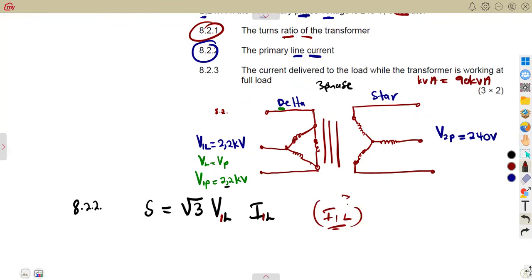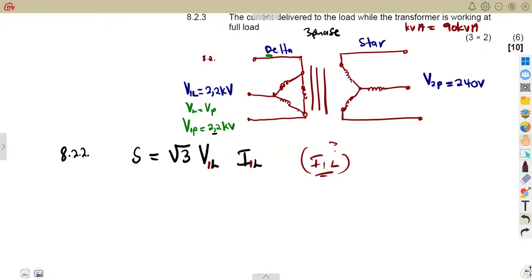So we can calculate it. Just make it the subject, because we have got everything in this case. Divide by the square root of 3 and the voltage.